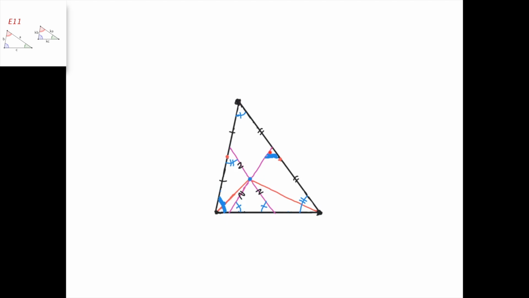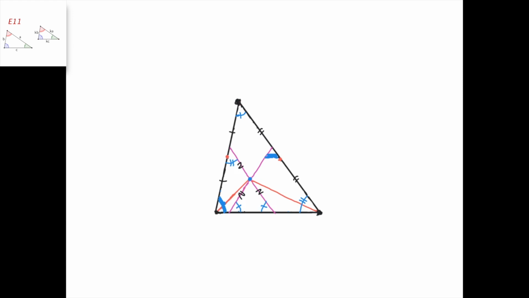And finally, take a look at this triangle, and this triangle, which is similar to it. Since this is a symmedian in the large triangle, it must be a median in this triangle, because this point, the midpoint of this side in this triangle, corresponds to this point in this small triangle. Because of the angles, this angle equals the corresponding angle here that the median makes with this side of the triangle.